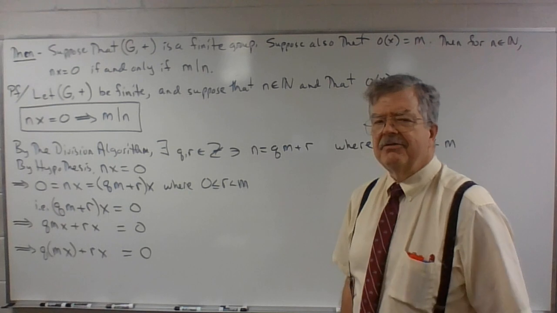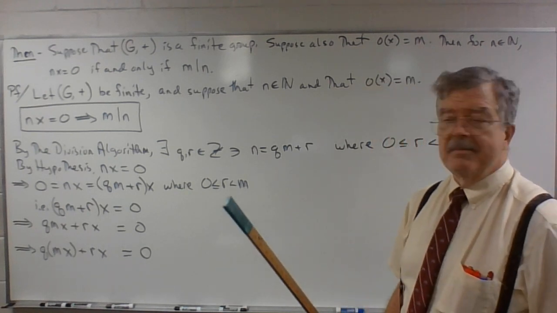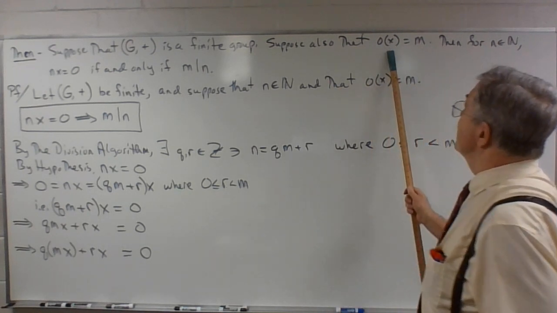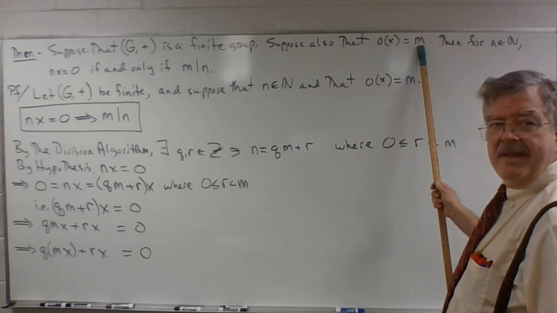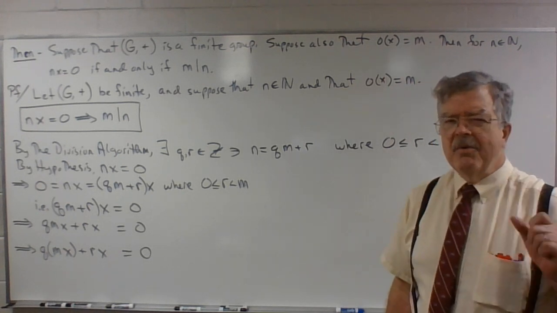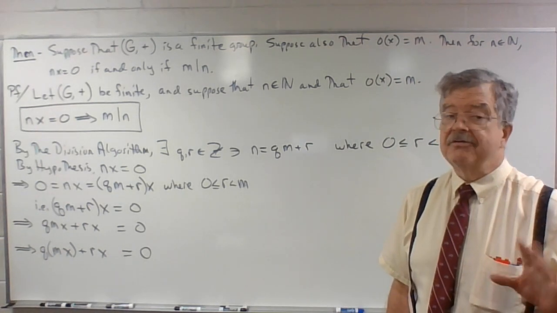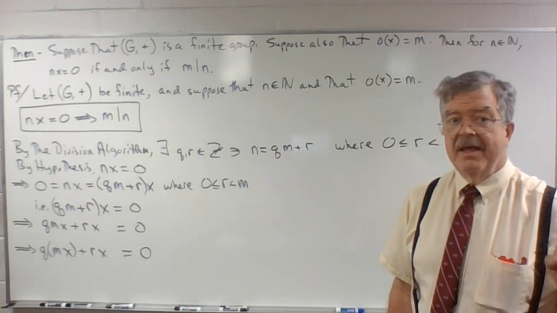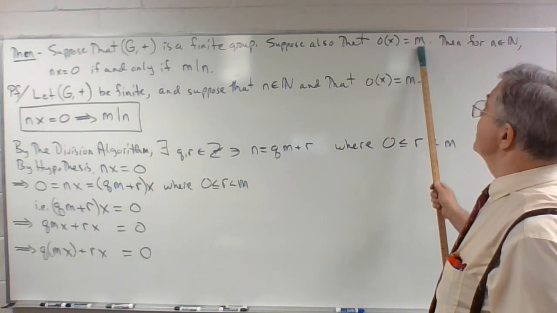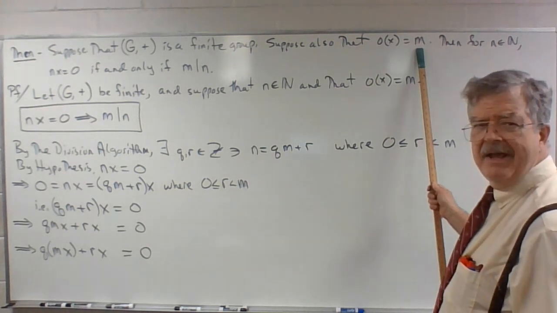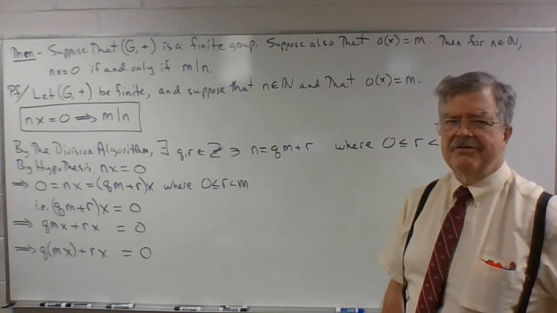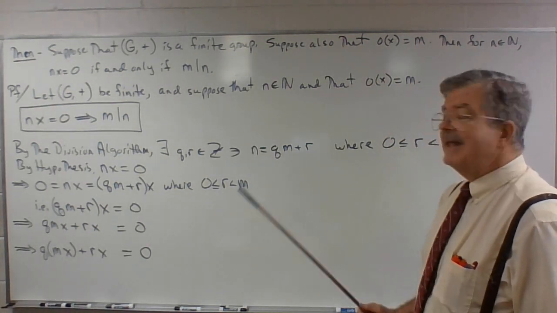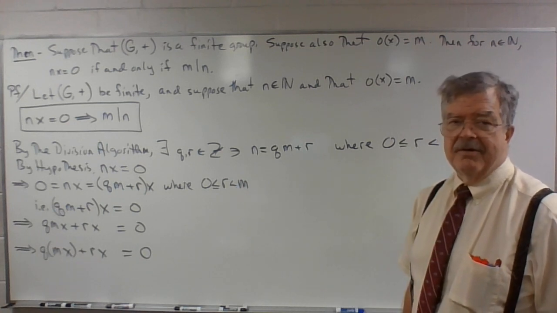And let's remind ourselves about the order of an element x. The order of x is m, and m is the smallest natural number, so m can't be 0. M, the order of the element x, is the least natural number such that mx equals 0.